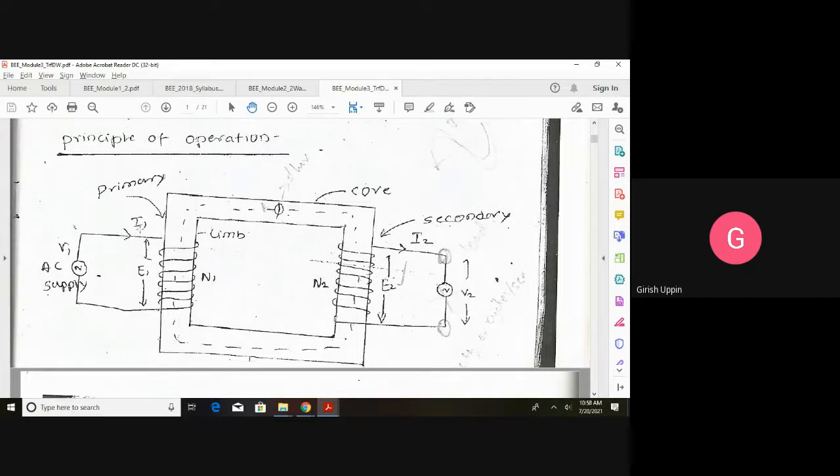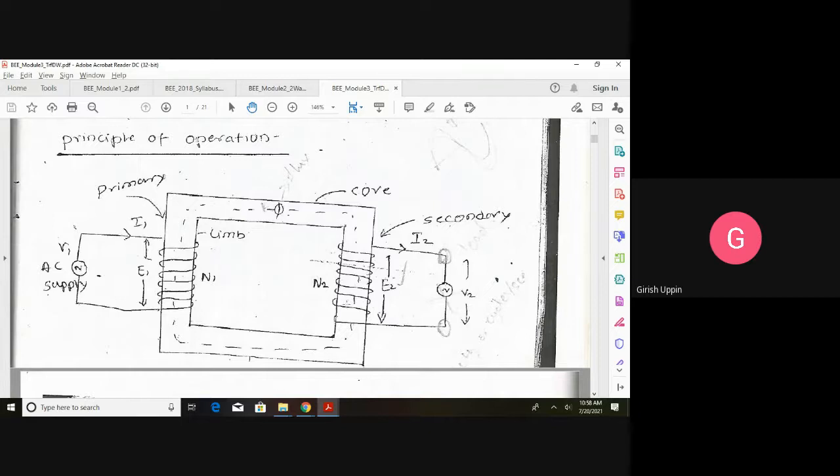Because the current is alternating, it will produce a magnetic field which is also alternating in nature, and that magnetic flux will flow through this core, which is the magnetic circuit, and will get linked with the secondary coil. Now the secondary coil is experiencing a changing flux, created by the primary current.